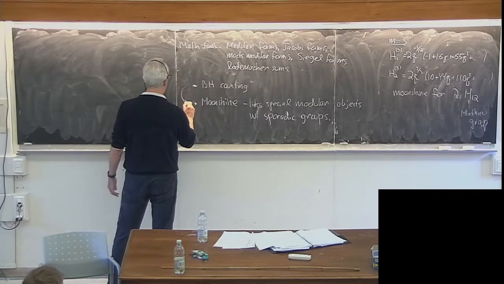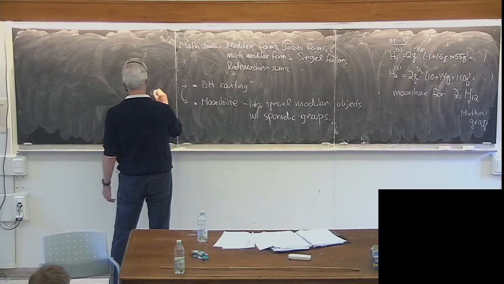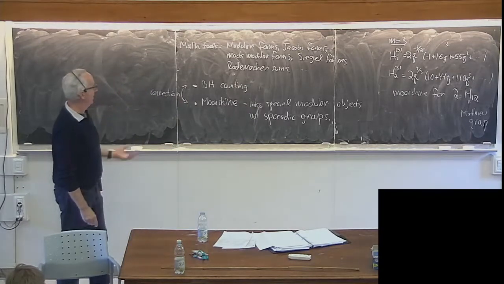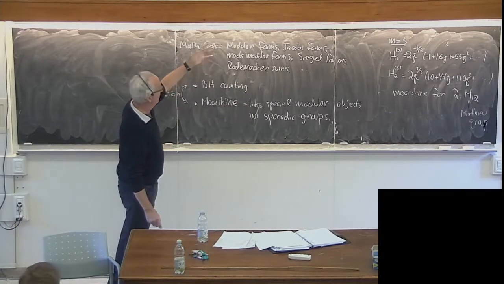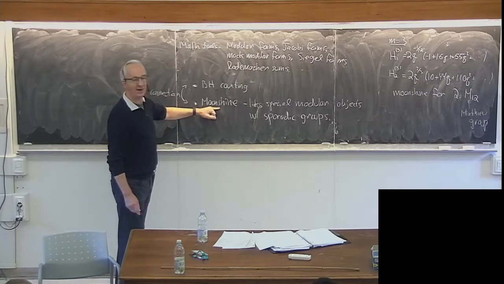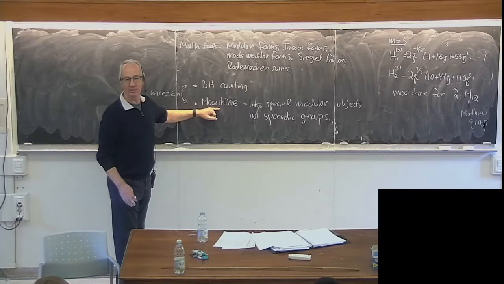So it really, to me, suggests that there's a connection, but so far no one has been able to figure out exactly what that connection is, because the mock modular forms, Jacobi forms, Siegel forms, and so on, that appear in the black hole counting are not quite those that appear in moonshine. They're a little bit different.